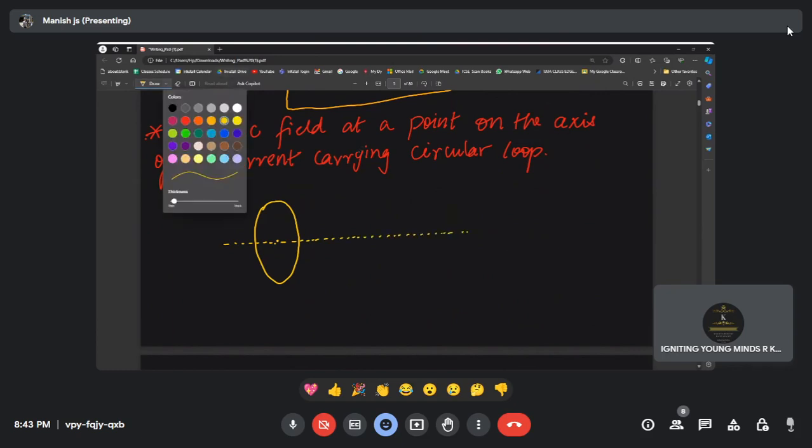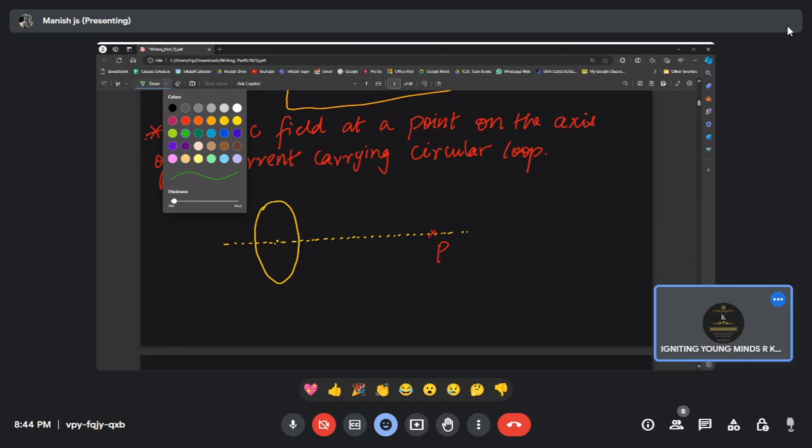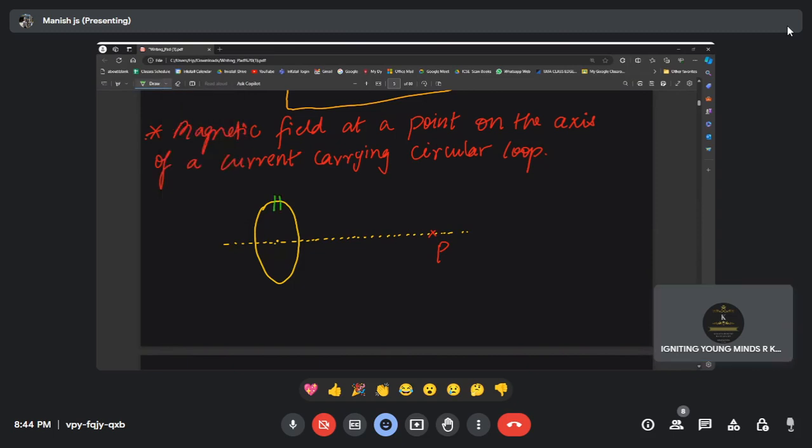What we try to find out here is the magnetic field, say at a point P. So I am taking a point P here. I want to find out what is the magnetic field at this point due to this loop. Now I will take two portions here and then join them, so you will get the entire picture.